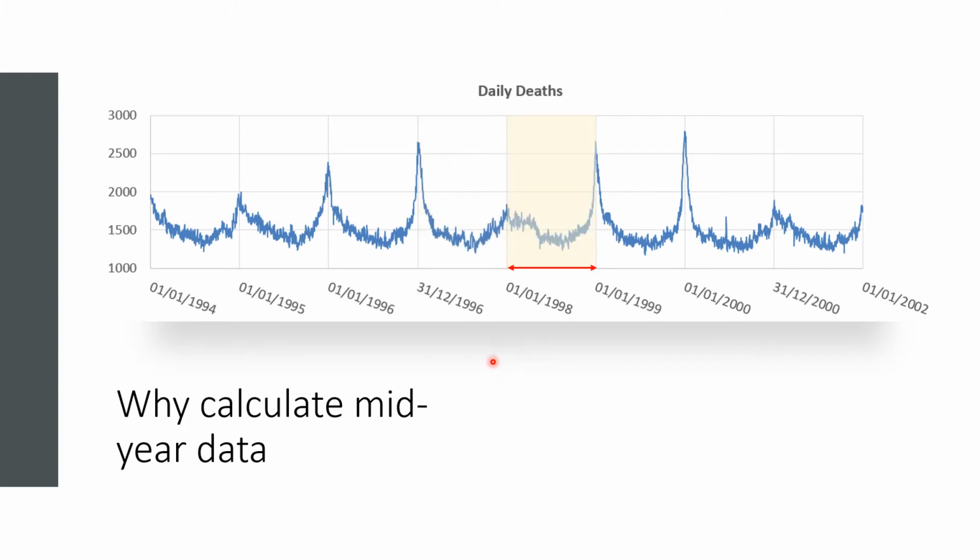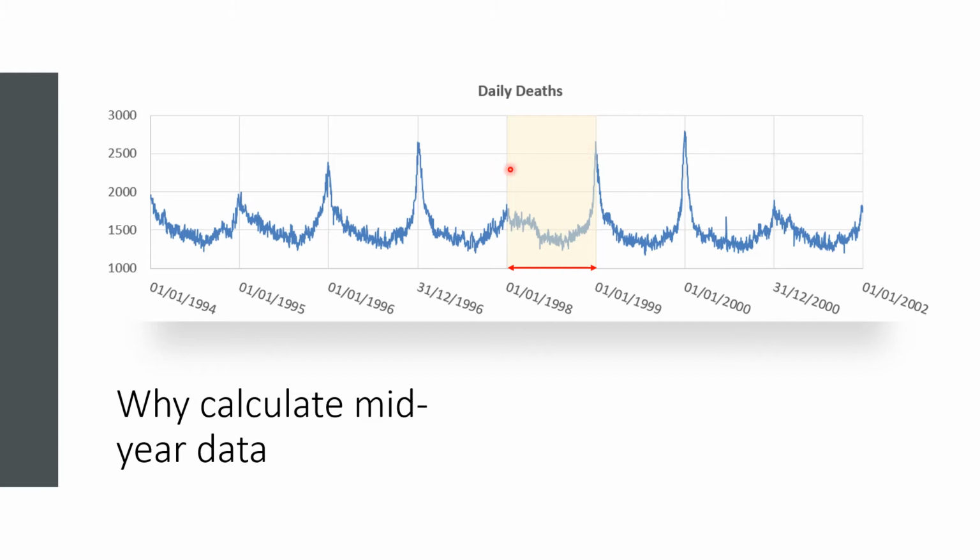If we compare it with 1998, it starts above 1,500 per day, but it is below 2,000 deaths per day, so much lower than the beginning of 1997. However, the end of 1998 achieves high values of deaths per day, over 2,500 deaths per day.